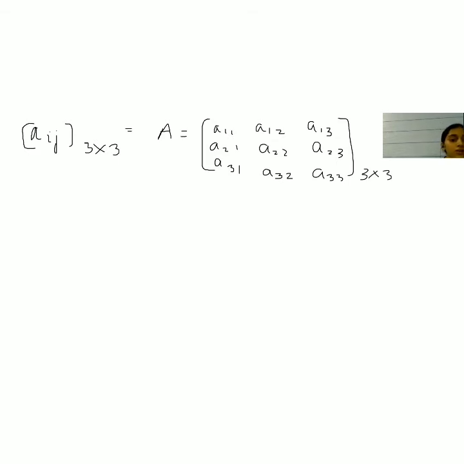Now what are the conditions that they are asking you to prove? First one: A11 into cofactor A21, plus A12 into cofactor A22, and A13 into cofactor A23, that is 21, 22 and 23, is equal to 0.